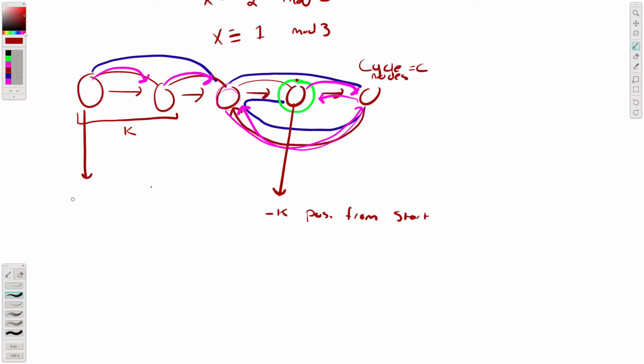Here is all the start, which is also negative k position from start by definition. This is by solving, we found that to be true. So then we could just have the iterator go through that. Okay, let's code this out.